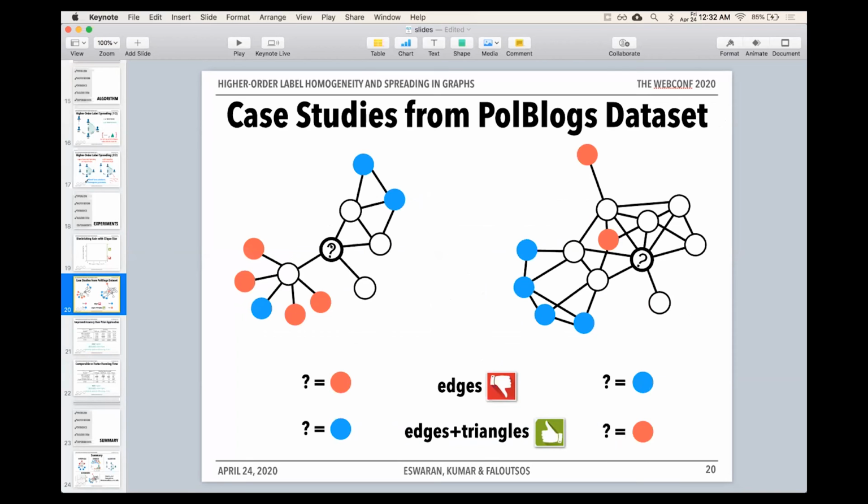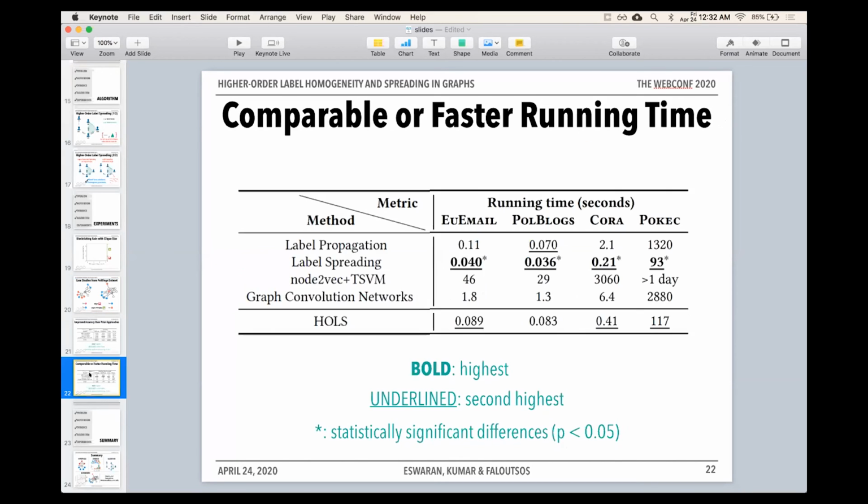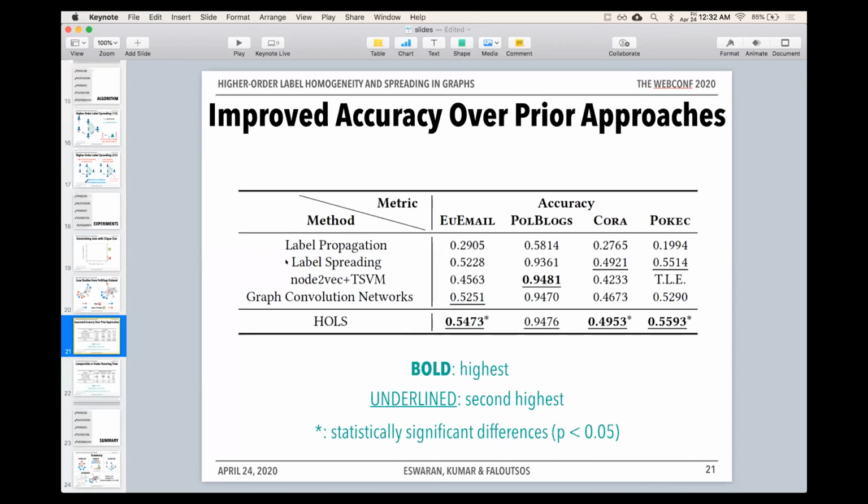There are few examples where the opposite is also true, much fewer, but there are such examples as well. The political blogs dataset is a small dataset, so this result comes from the mislabeling of one vertex compared to the baseline algorithm. That's why this is not a statistically significant worse performance on the part of higher order label spreading. That's also something to keep in mind.